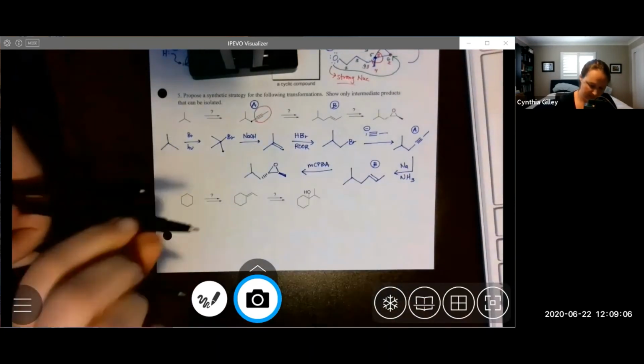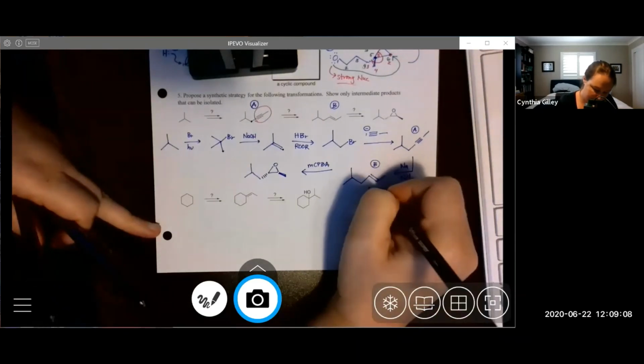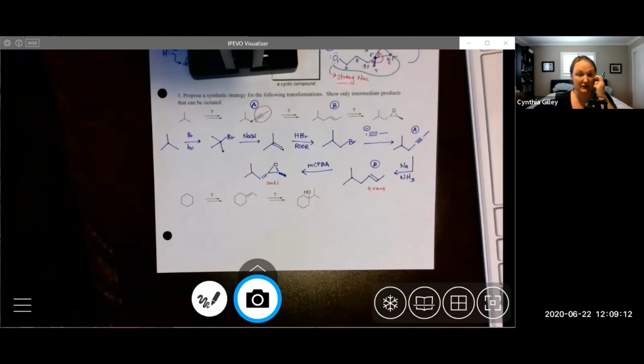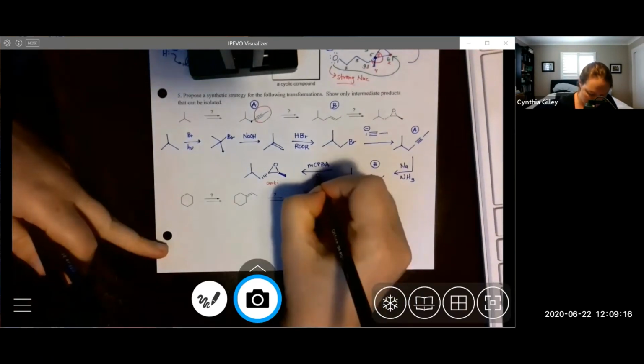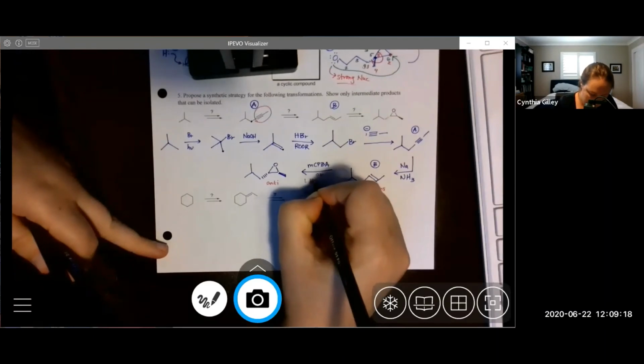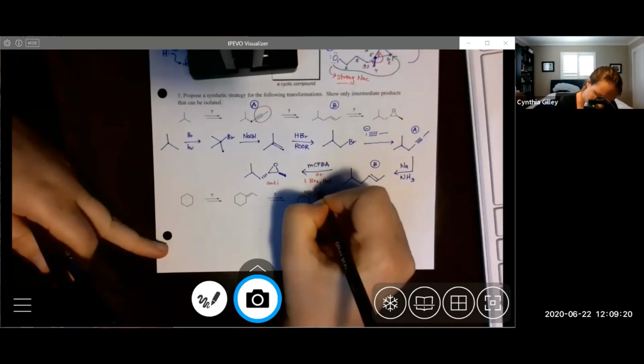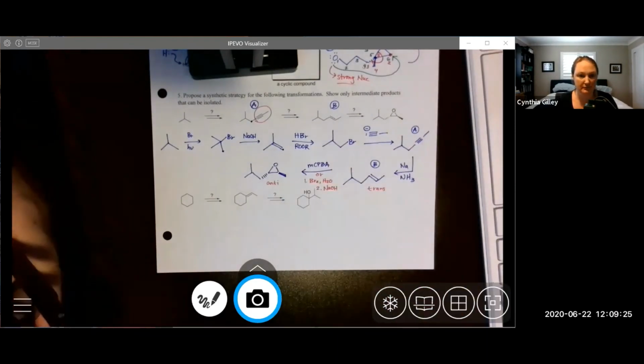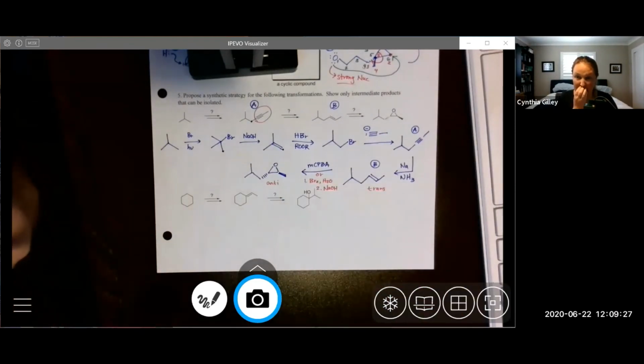These are trans. And I can even write the other condition, either one of those. Is that okay?